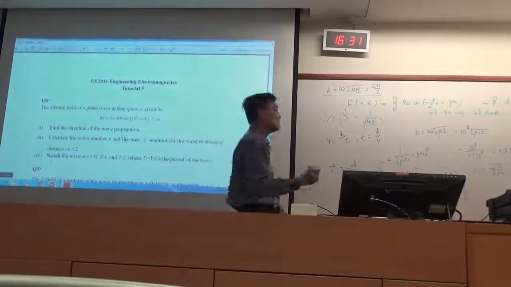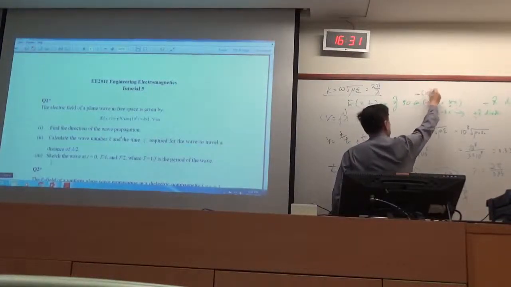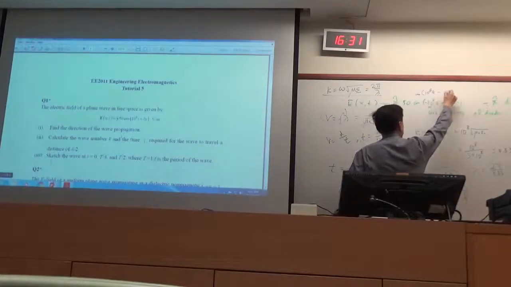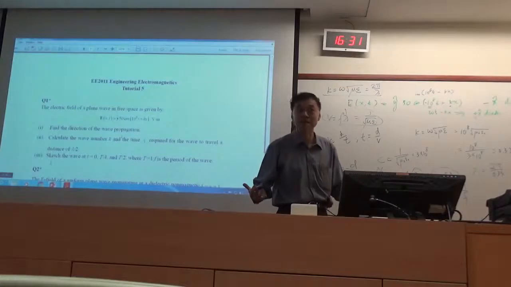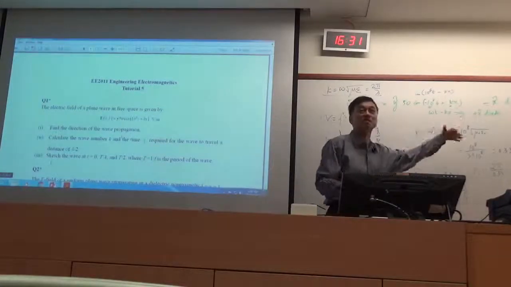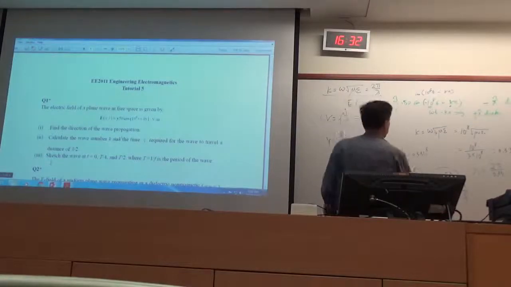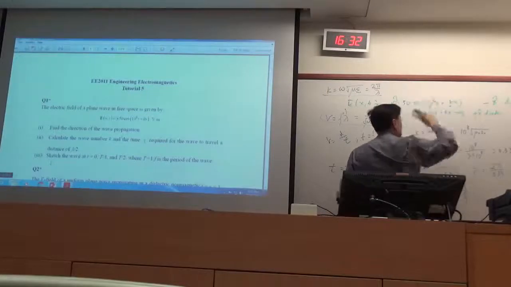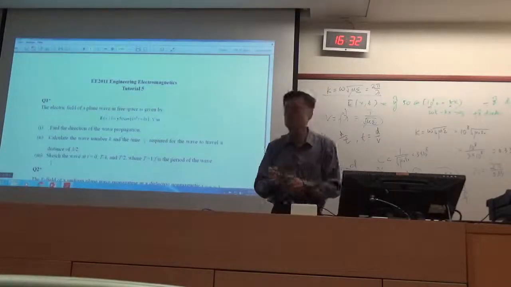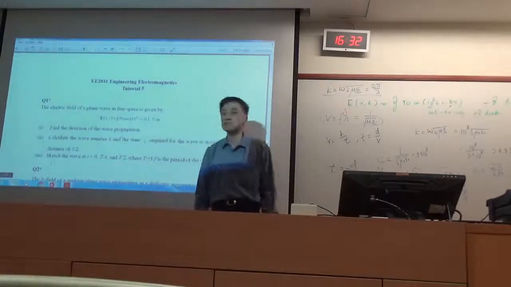Then you must convert it into cosine 10 to the power of 8 t minus kx by using cosine theta equal to cosine minus theta, and then the propagation is in the plus x direction. So remember the omega t must always be positive in a cosine term. Alright, so if this is plus, propagation is in the negative direction.